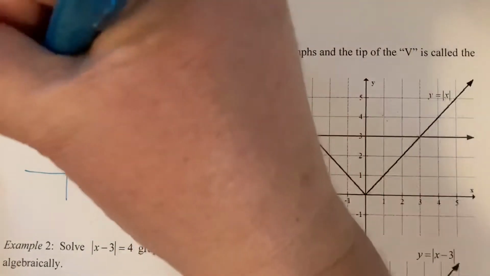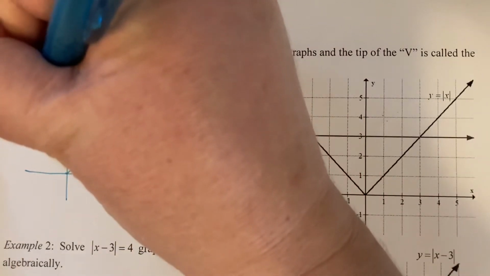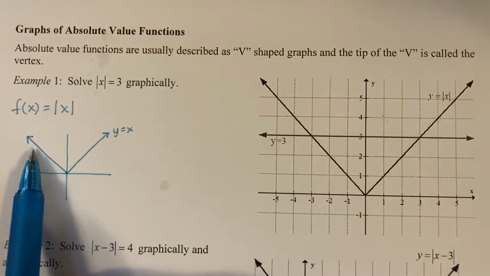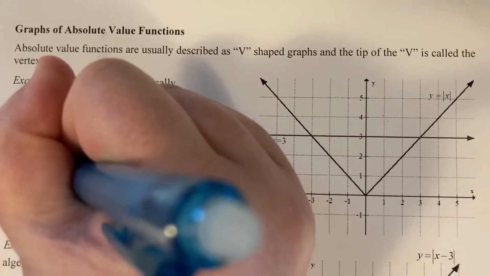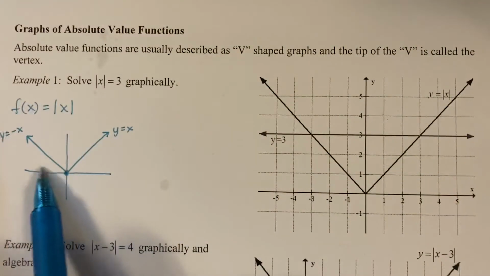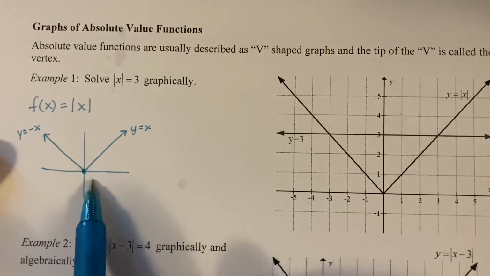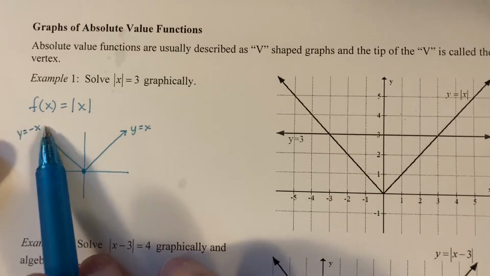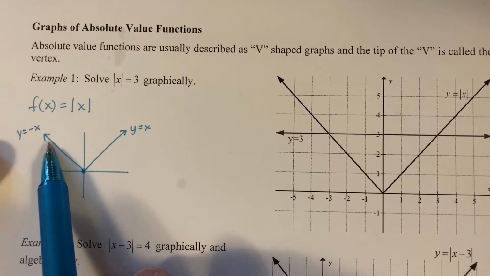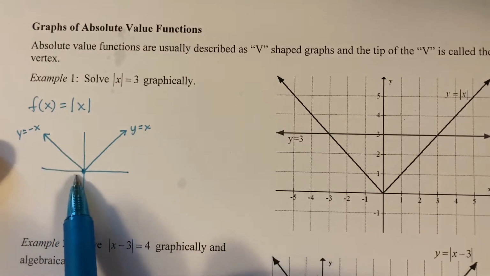But then the other half, when the x value is negative, the y flips to be a positive. So for the other half of the graph, we get y equals negative x, meaning it flips up because the negative x values become positive when we put it into this function. So now it's a slope of negative 1 down here.